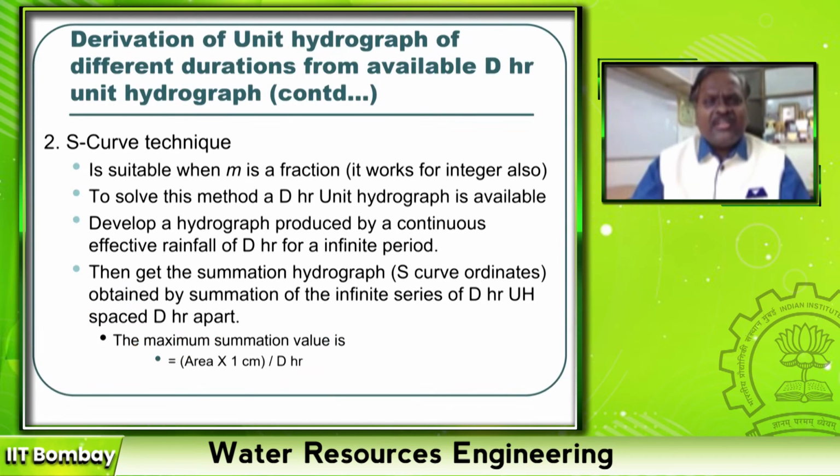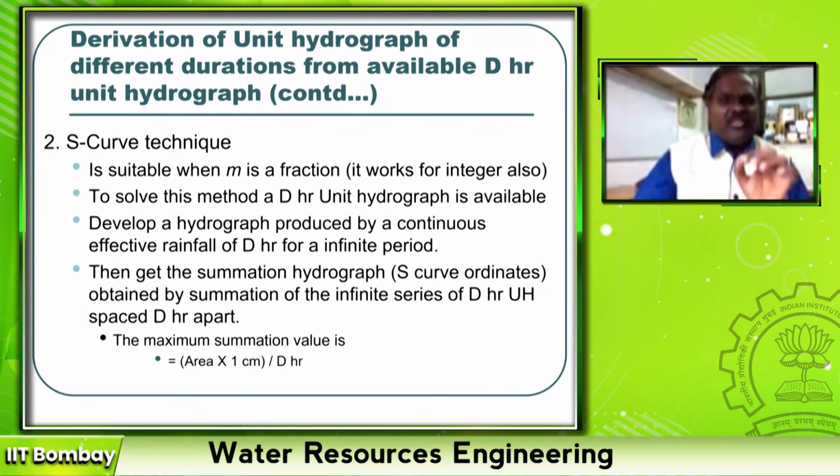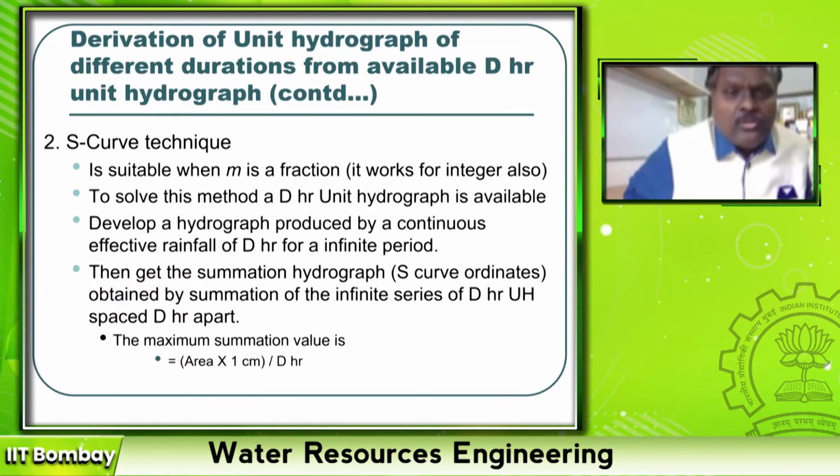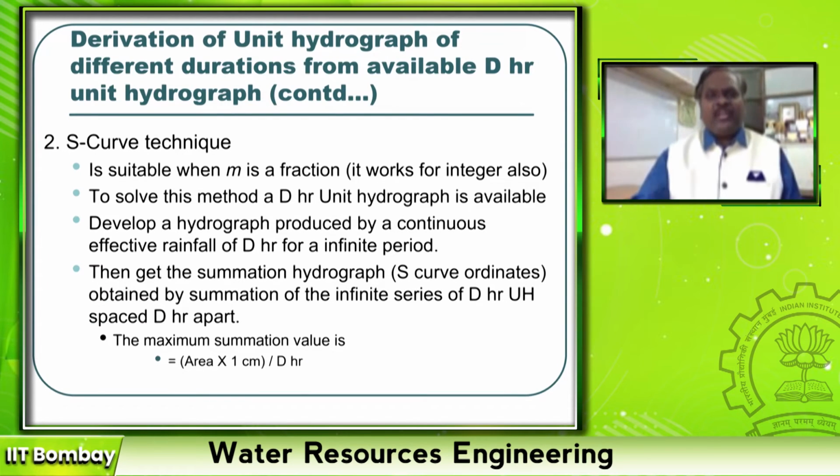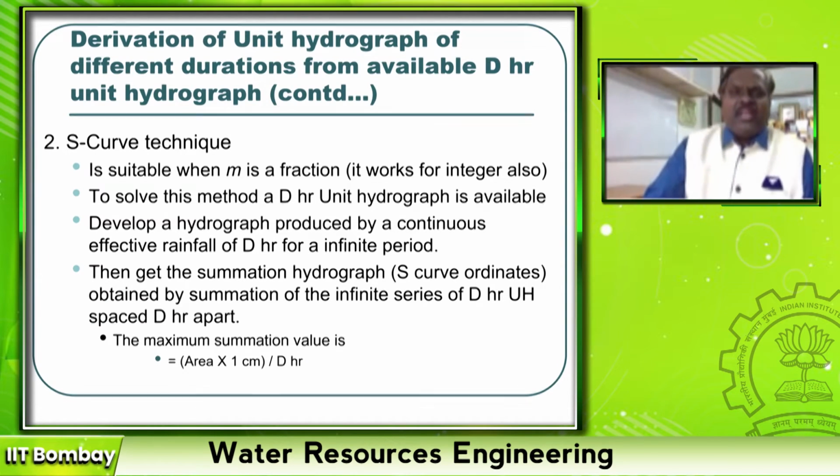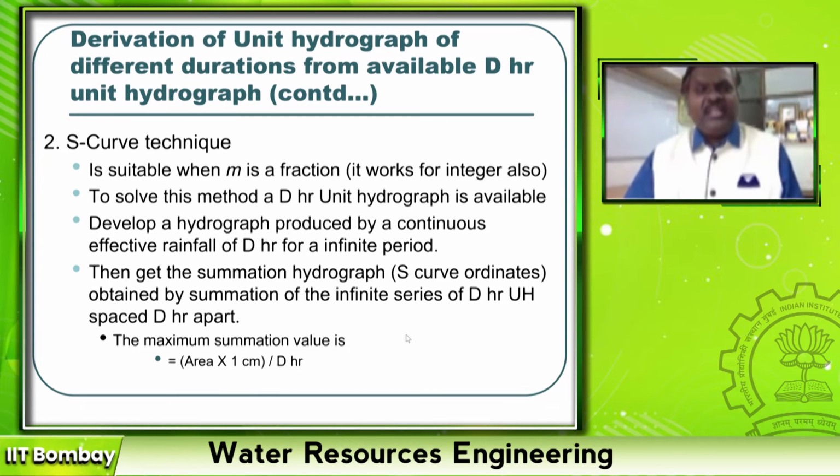Now the second method, that is when my M value is a fraction. How to derive the unit hydrograph? That means I have 6 hours, and I want a 3-hour unit hydrograph. Then we use a technique called the summation curve.